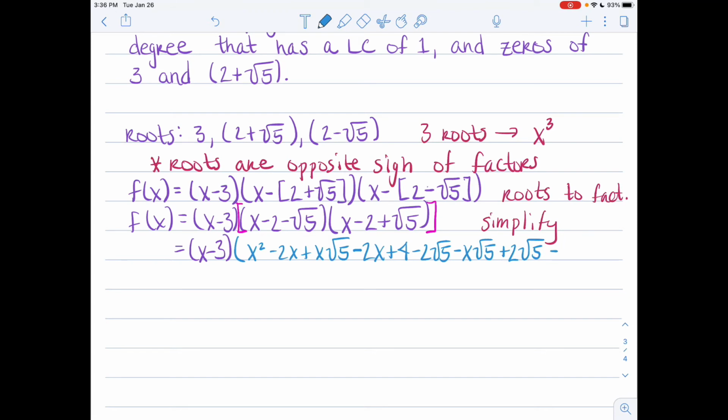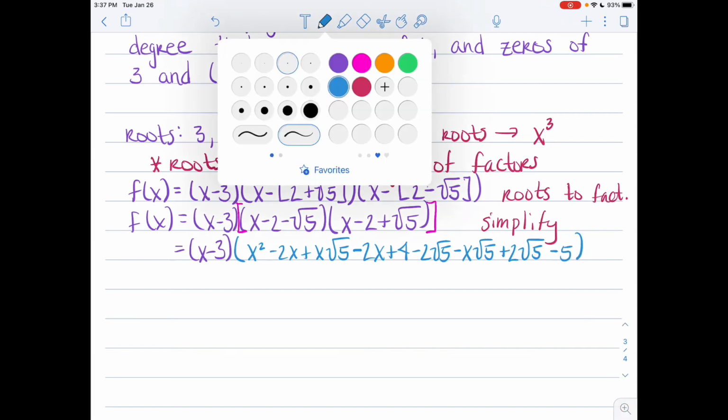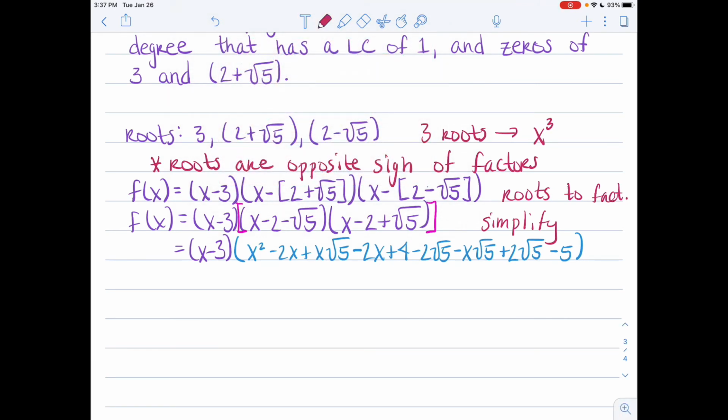If I have the square root of 5 times the square root of 5, well, that's the same thing as the square root of 25, because remember, when you multiply radicals, you can combine the things that are under the radicals. So 5 times 5 is 25, and the square root of that is simply 5, so minus 5, and close your parentheses.